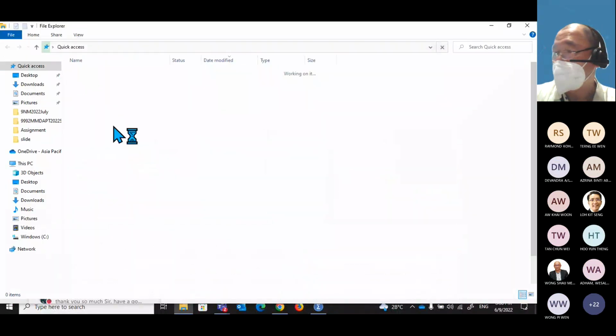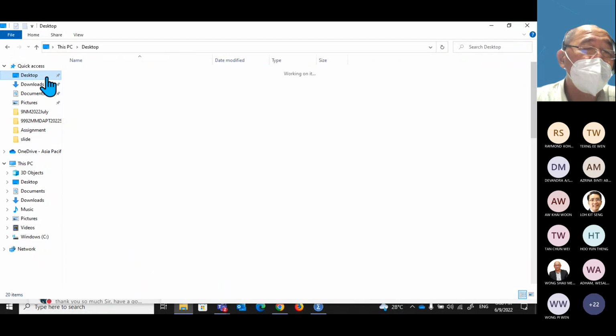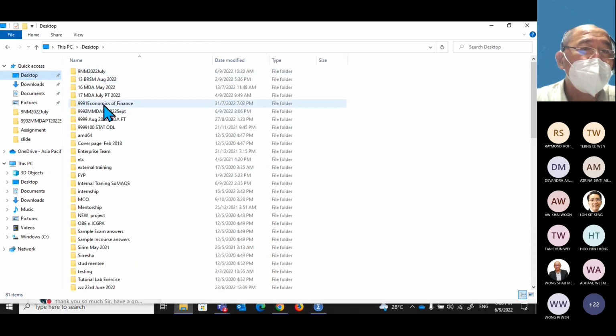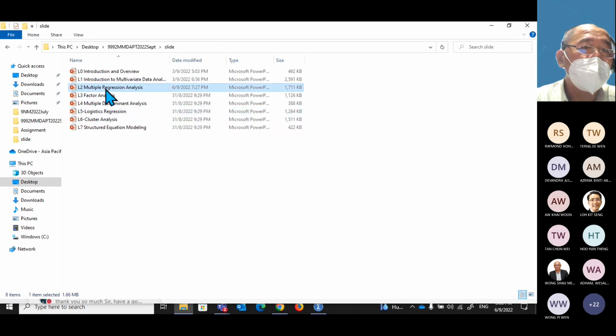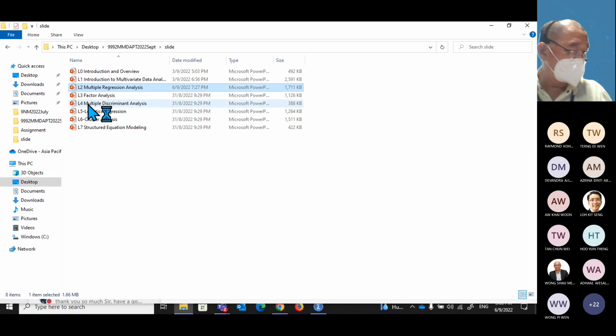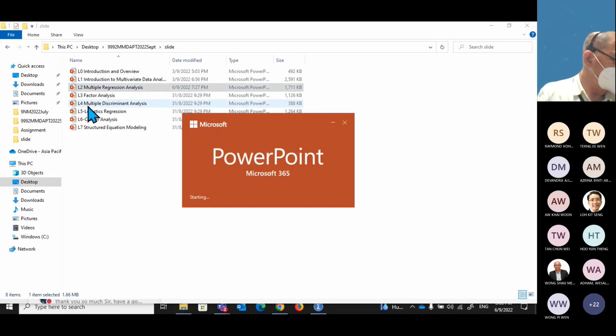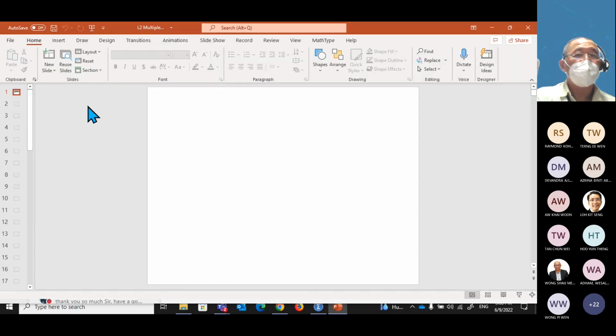So now we are still in multiple linear regression. Suppose we can finish this today. Now we see the residual plot.